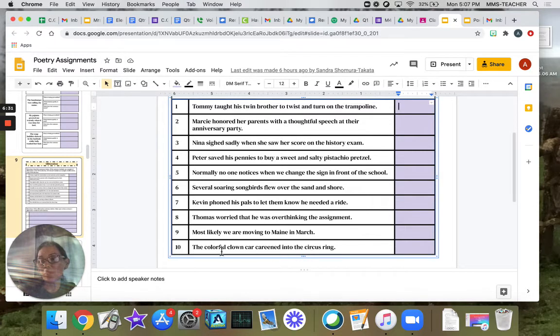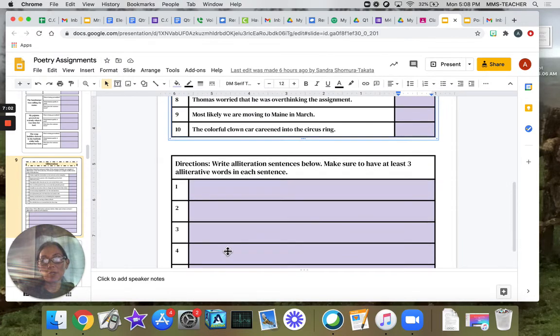Number 10, however, is an example of alliteration because you have enough of the repeated consonant sound of C: colorful, clown, car, careened. But I wanted to point out number 10 because for circus, you don't just look at the letters and say, oh, I see another C. It's the sound that it makes.